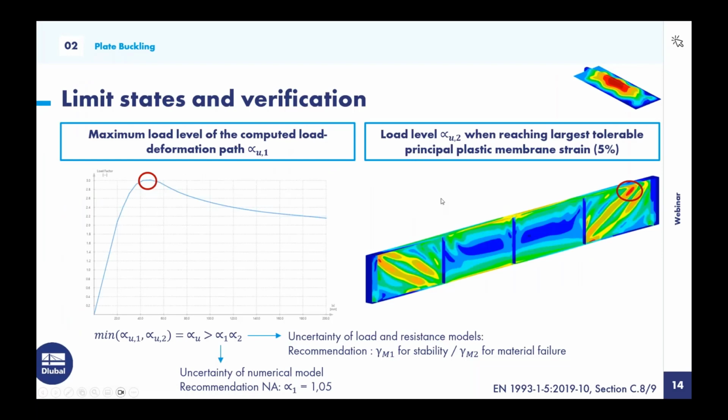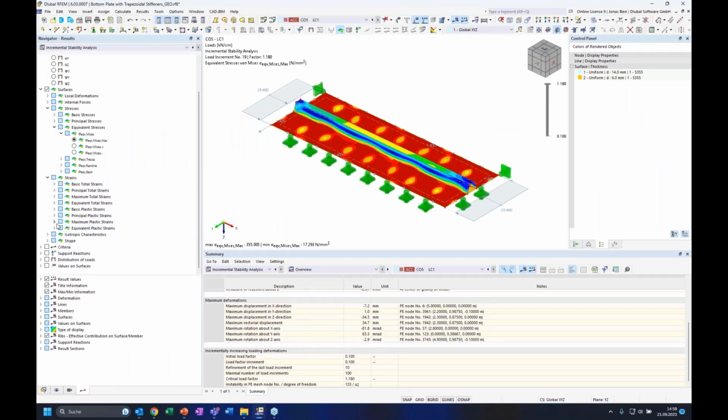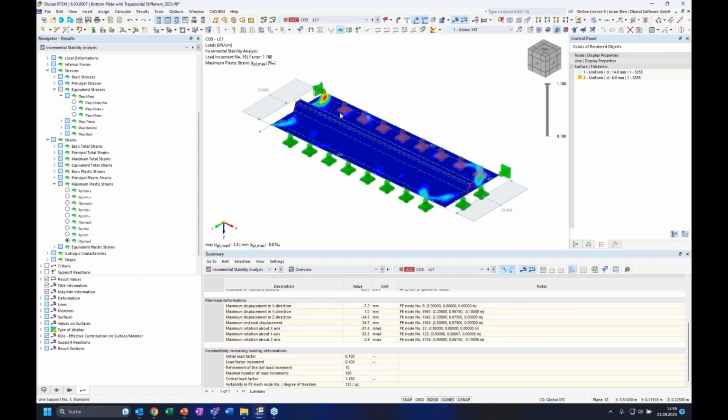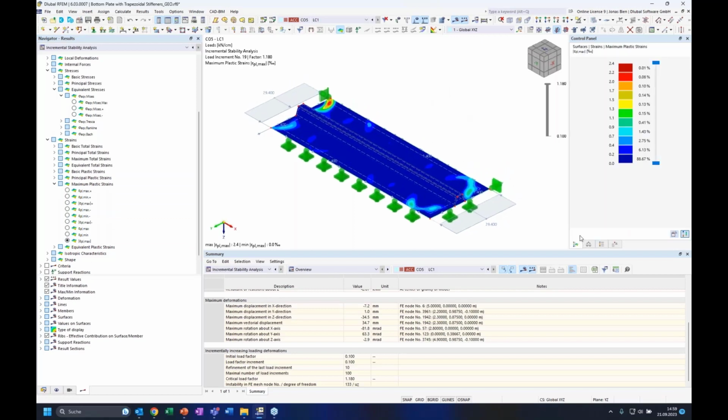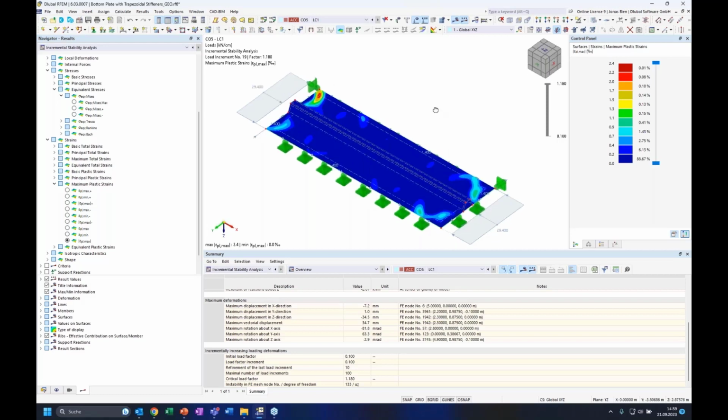So first of all, let's check the principal plastic membrane strain in the model. So I go to strain, not equivalent plastic strain, but maximum plastic strain, and then I can just check EPL max, and if this is under 5%, and we see that the maximum plastic strain value is at 2.4 per mil, or 0.24%, then we know that this is not really an issue.